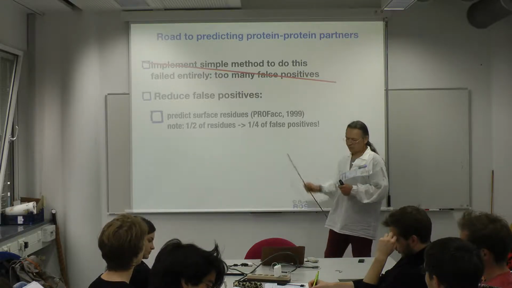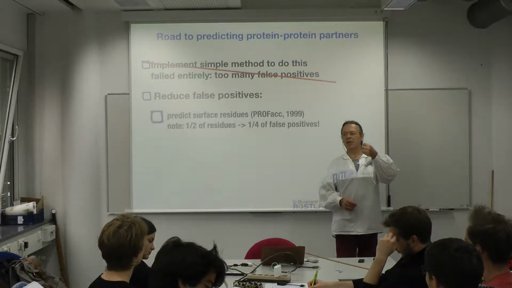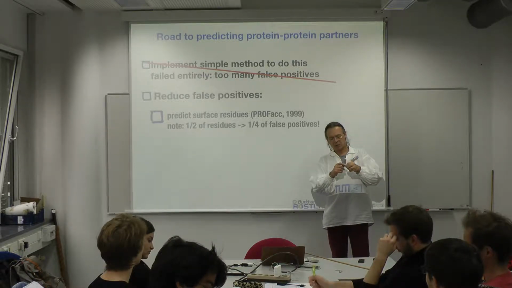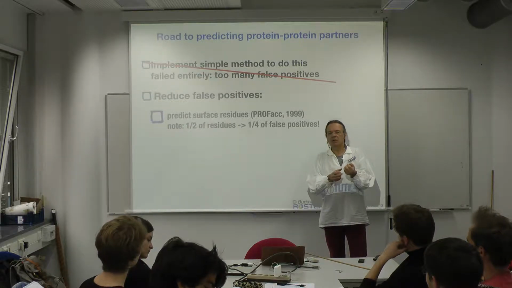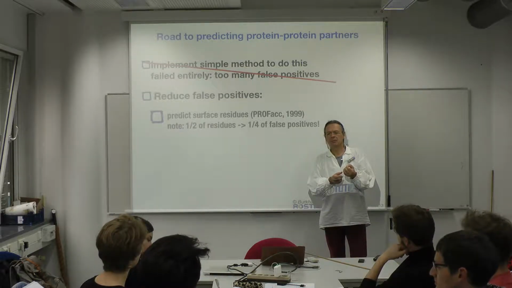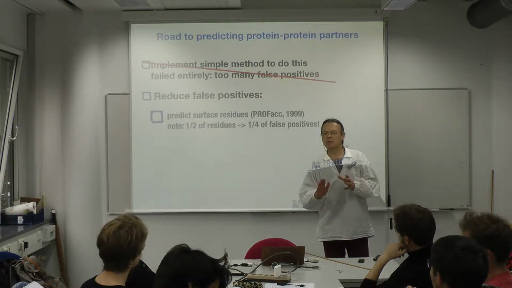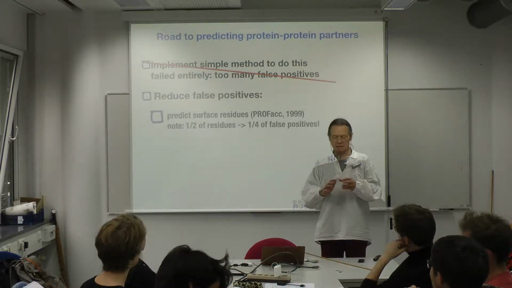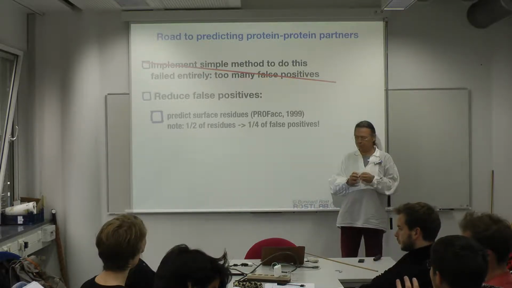Now, rule of thumb, the protein is roughly an elongated sphere. So now, what do you call the surface? Let's just say half of all the residues are on the surface, okay? And again, it depends on your definition of what exactly you mean by surface, but that is one reasonable definition.